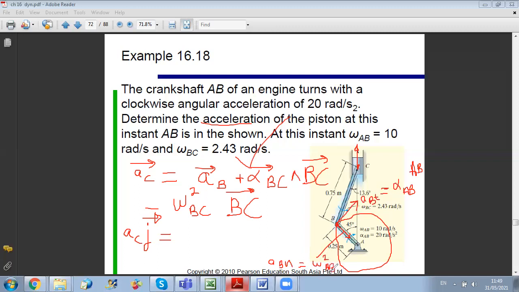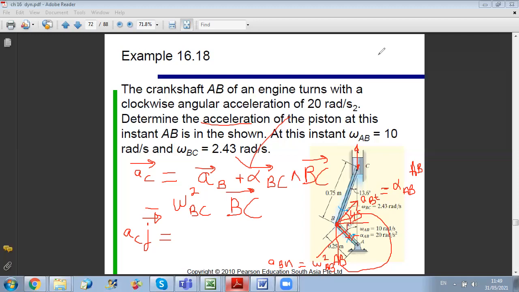Since we know the value of omega AB and we know the value of alpha AB, then AB normal and AB tangential are known. So just I have to decompose them into I and J. And as you can see in the figure, the angle between AB and the vertical is 45 degrees. Okay? So this means that AB tangential is doing 45 with the horizontal. And also AB normal is doing an angle of 45.